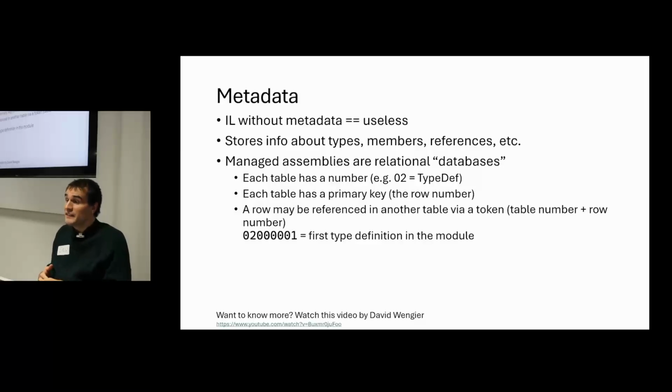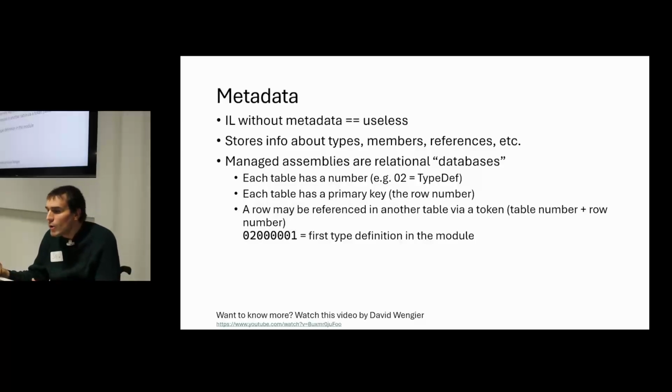Then there are many other tables, and you can do foreign keys when you combine the table number and the row number. So 0x02000001 is the first type definition in the module. If you want to know more, there is a cool talk by David. You can just click on the link in the presentation, and he goes through all the details.